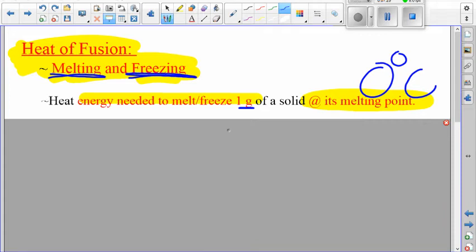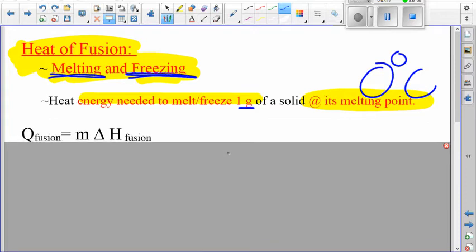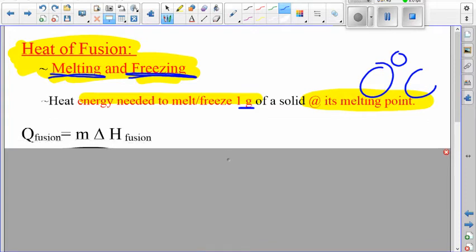For these problems, we're only going to talk about water, so that melting point will be 0 degrees Celsius. So it's the energy needed to melt 1 gram of solid ice, or the energy needed to be removed from liquid water to make it freeze. So again, the Q of fusion will be equal to the M times the delta H of fusion.